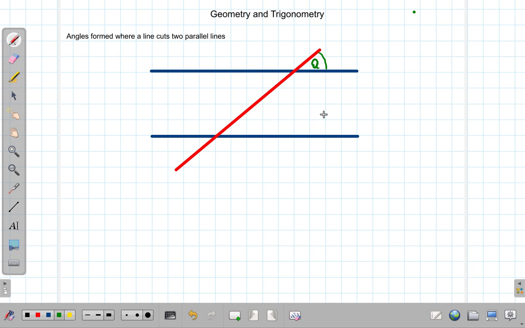What I want you to do is pause the video, draw this on a piece of paper, and label the three other angles that are equal to angle A. So go ahead now.